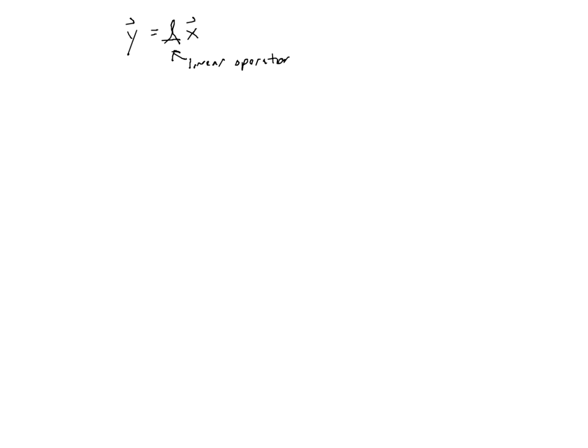And you notice I'm using a script A as opposed to just a regular A. And so A_ij are then components of the linear operator. This linear operator basically tells us how to go from one vector to another one.